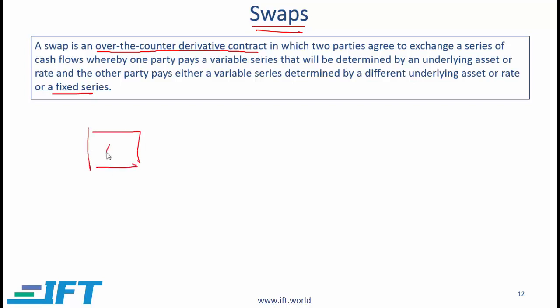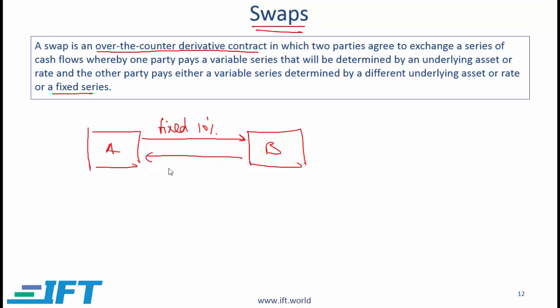Let's say we have two parties, A and B. If these two parties agree that A is going to pay a fixed rate of, let's say, 10% and B is going to pay a variable rate, let's say that the variable rate is CIBOR, which is the Karachi Interbank Offer Rate.